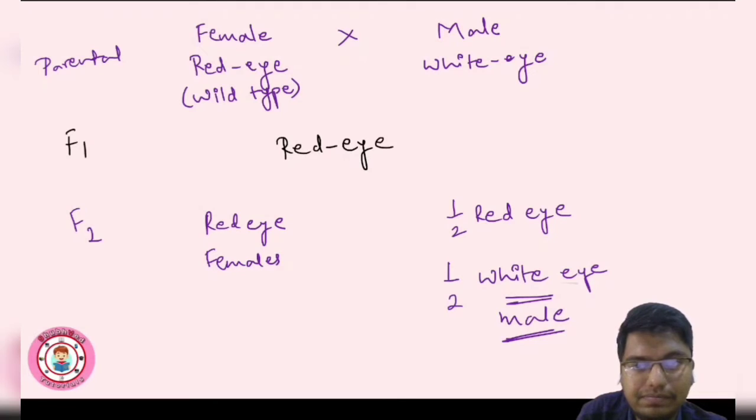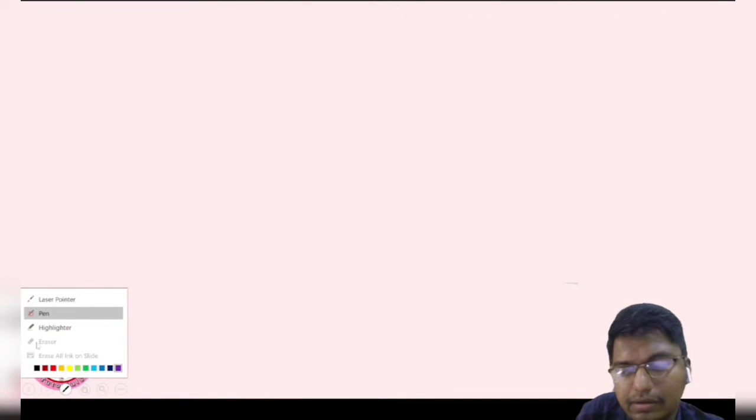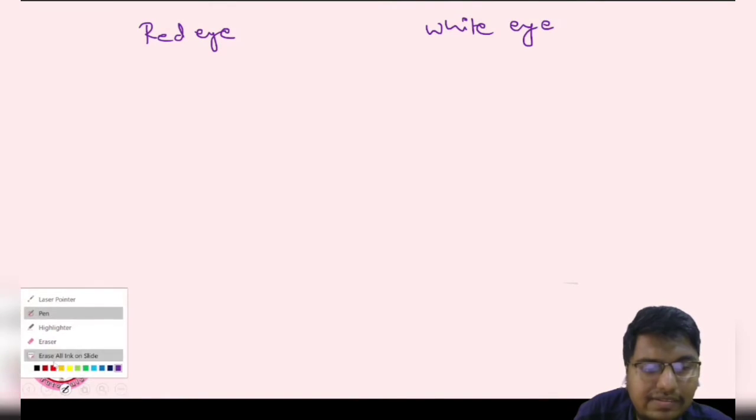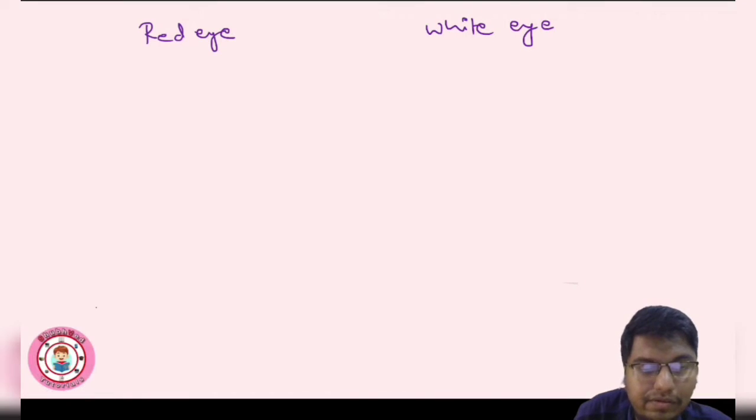Got it? So now see what we got to understand here, that red eye is the dominant one. Okay, dominant phenotype, right? Because all F1 showed the red eye, right? So this we can explain with the genes now. How? See, I will draw here. Okay, so red eye female, right, and white eye male, right? So now we will see how this is actually seen. We know females have 2X, right?